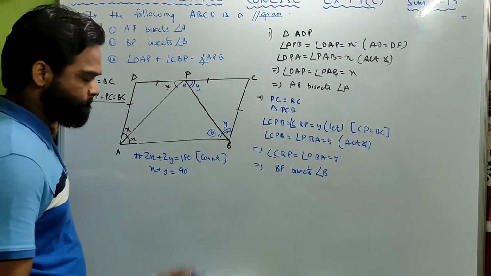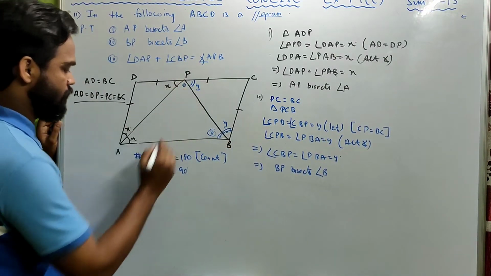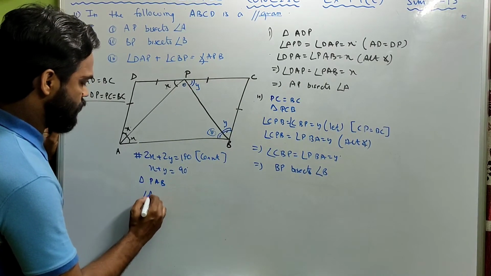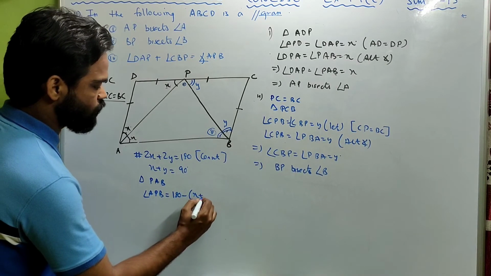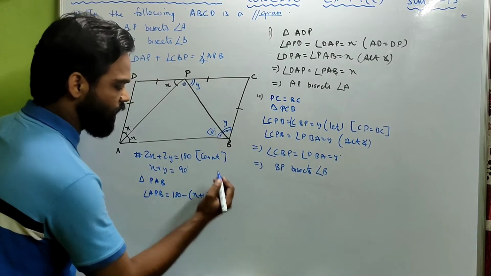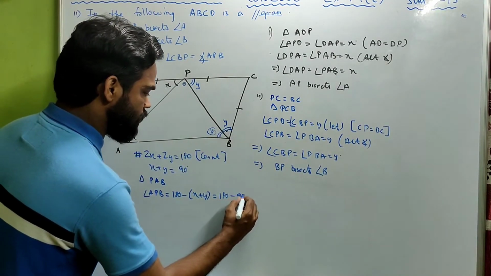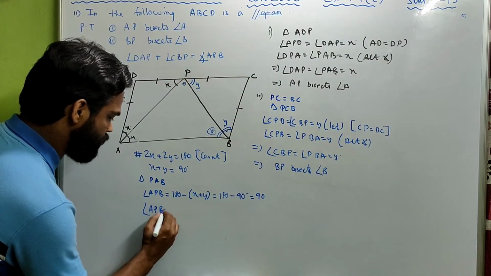Done. Now, if you look at triangle PAB, angle APB will be 180 minus (x plus y). This is 180, angle sum property, because these three angles add to give 180. So 180 minus 90 is equal to 90. So angle APB is equal to 90 degrees.